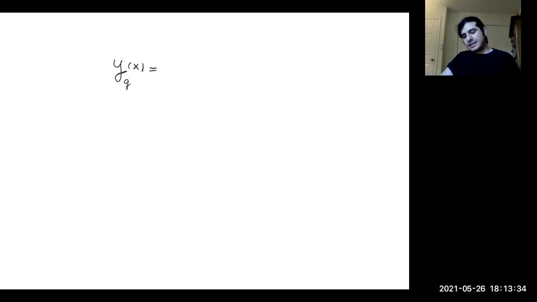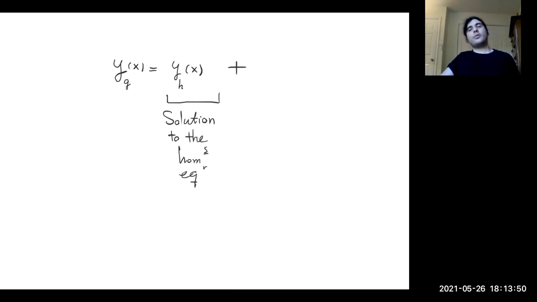One part is the general solution to the homogeneous equation, which is exactly what we found here. But the solution has another part. What is that other part? Let me show that with yp.